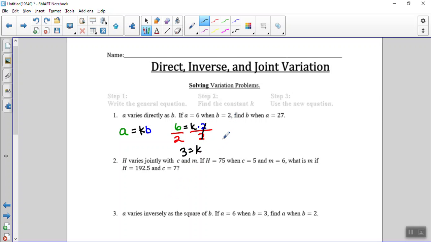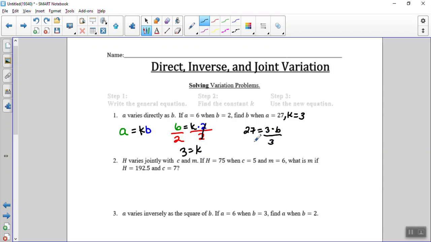And then now it says find B when A is equal to 27, and just remember that we found K. K is equal to 3. I'm going to go back to this equation and plug in the new numbers. A is equal to 27, so A changed from 6 to 27, equals K, and K we know is 3, times B. Well, that's what we're looking for.